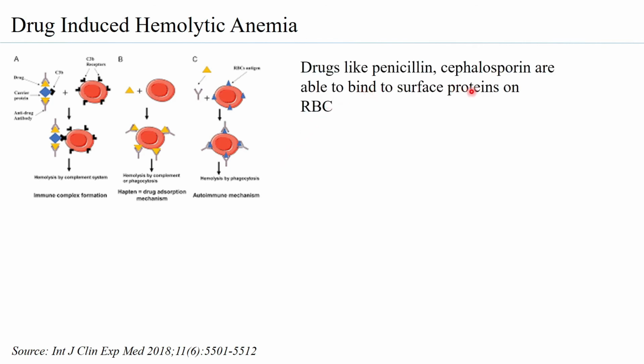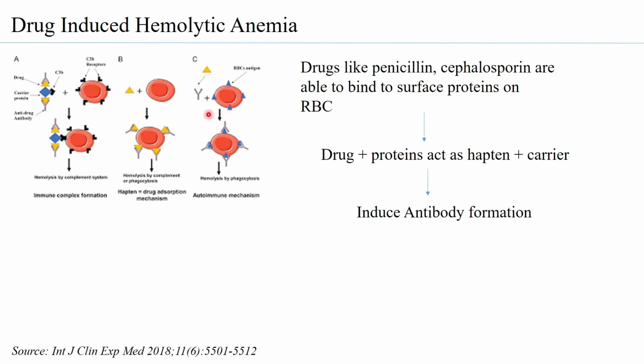So drugs like penicillin and cephalosporin are able to bind to the surface proteins on RBCs. Effectively, the drug plus the proteins will act as hapten plus carrier. So when the drug is binding to the RBC, it is acting as a hapten plus carrier. So it is entirely antigenic, and it will induce antibody formation.